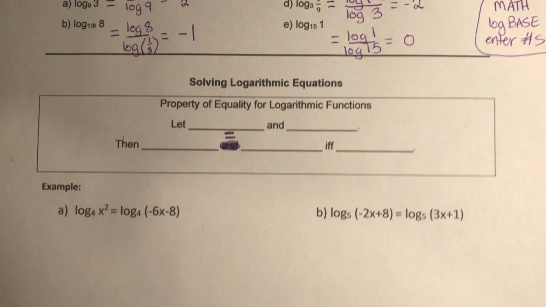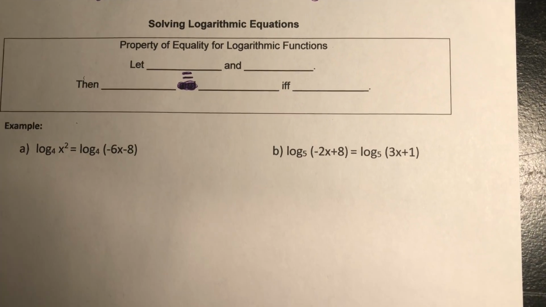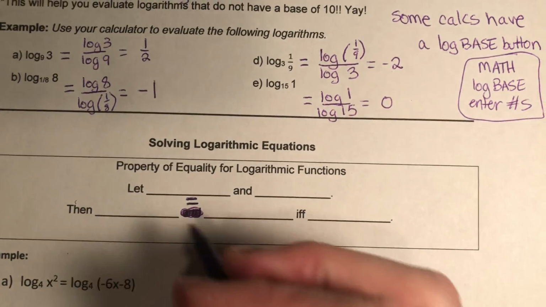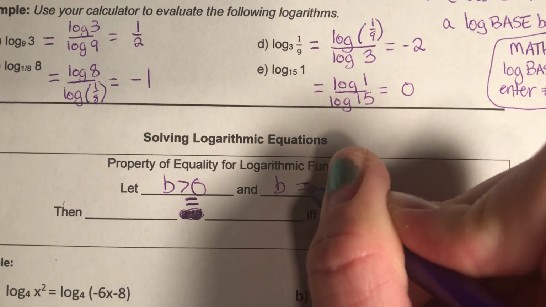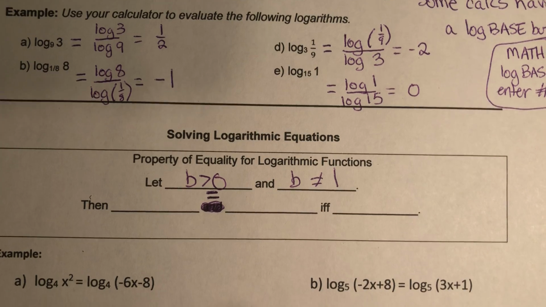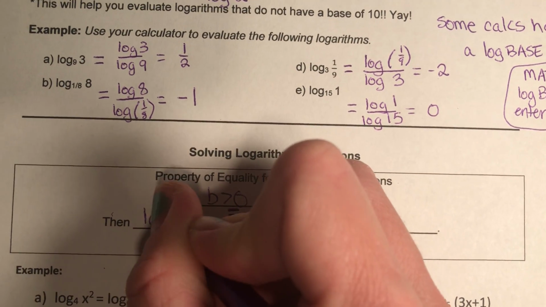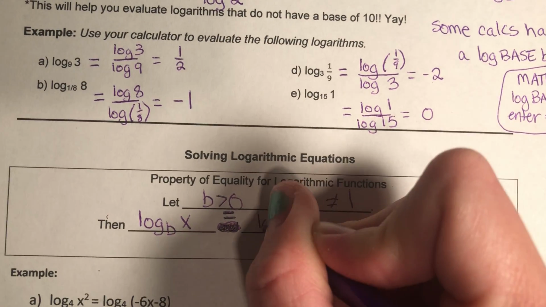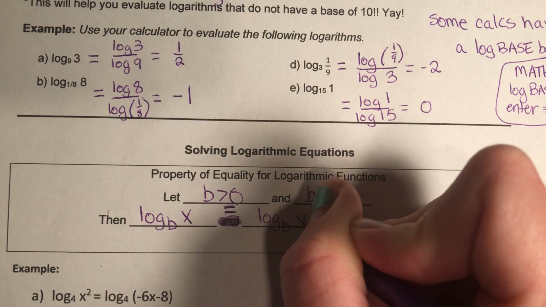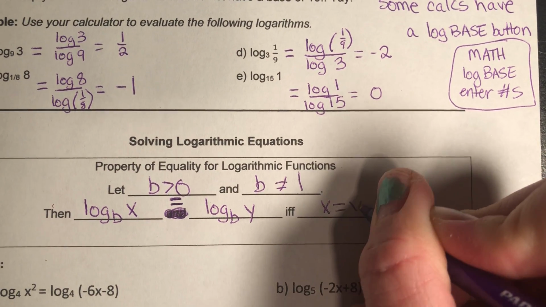All right, our last thing we are going to go through is solving logarithmic equations. We are going to let our b value be greater than 0 and b not be equal to 1. So on your sheet, this will be correct here, but log base b of x will equal log base b of y if and only if x equals y.